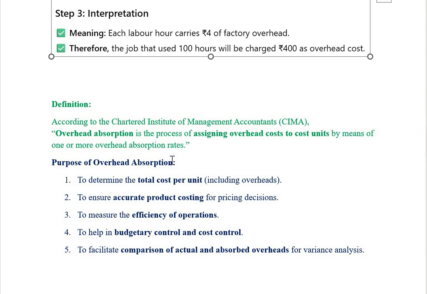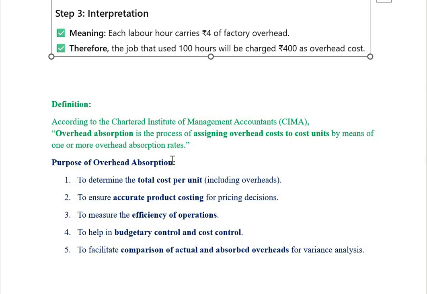What is the purpose or need of overhead absorption? The following are the purposes. The first purpose is to determine the cost per unit, because given the total expenses, we find the per unit cost. The next one, it ensures accurate production cost for pricing decisions.